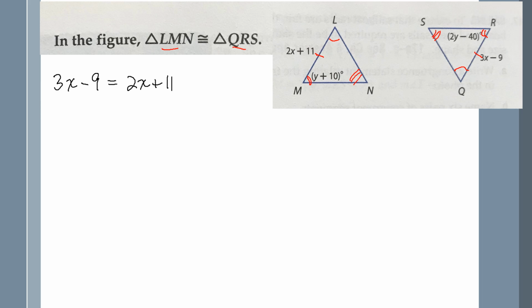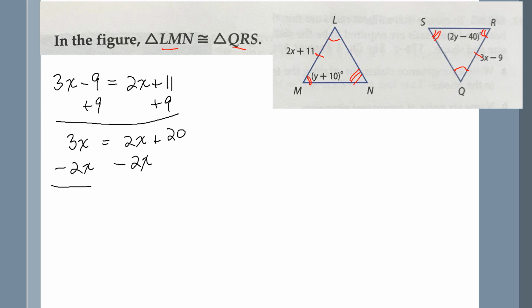So now we just do some algebra, right? Add 9 to each side. 3x is equal to 2x plus 20. Subtract 2x from each side. x is equal to 20.